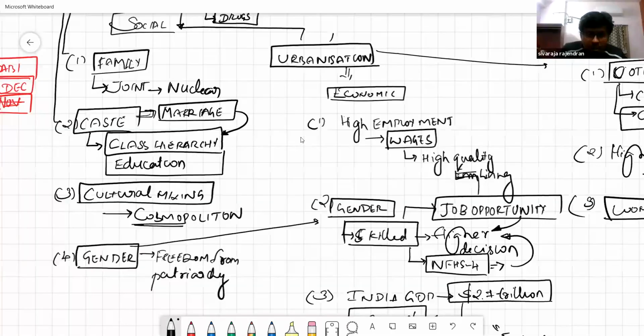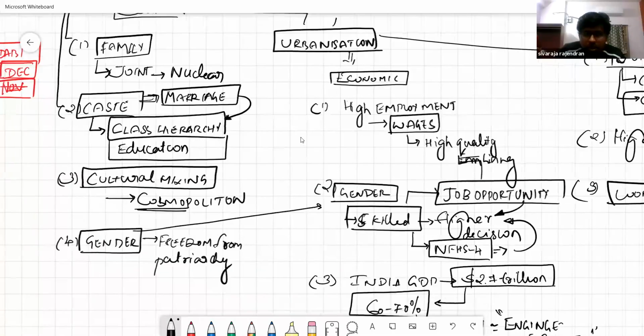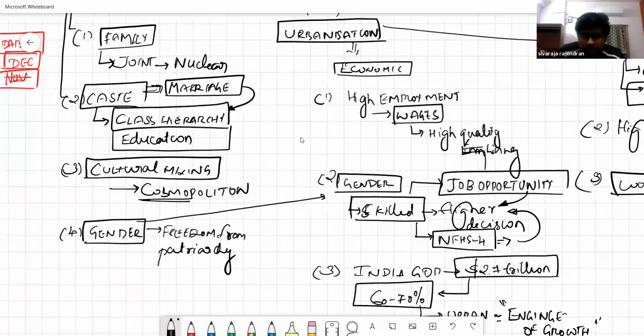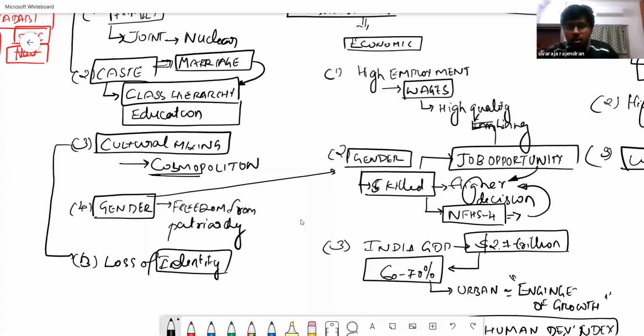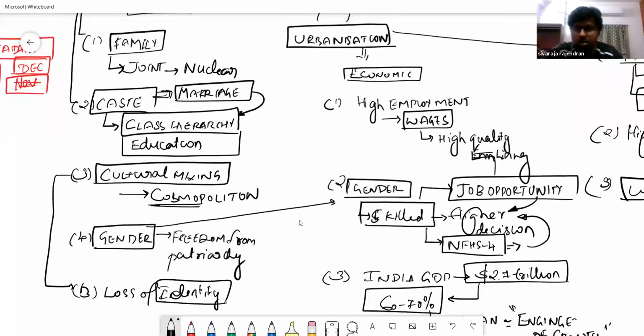Third pointer, cultural mixing, cosmopolitan, hence you will lose your identity, loss of identity. For human beings, identity is very, very important. When you lose identity, you lose everything. So you have to write the negatives also. We saw everything positive, but you also have to think about the negatives.